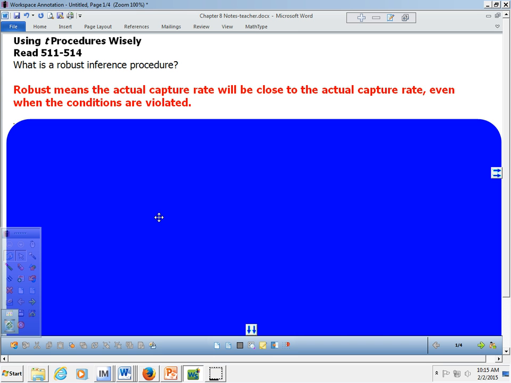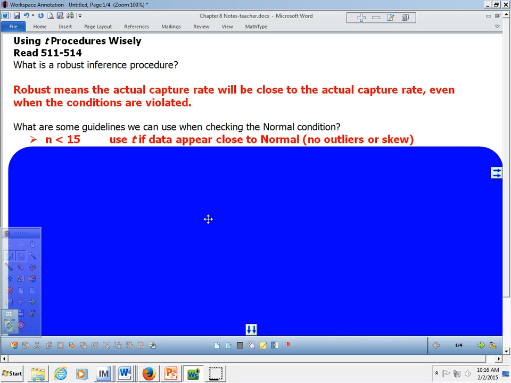But in our one sample T intervals, that procedure is considered robust. So even if one of the conditions is violated, and we'll again put this in terms of the normal condition, the capture rate will still be pretty close to the actual capture rate.